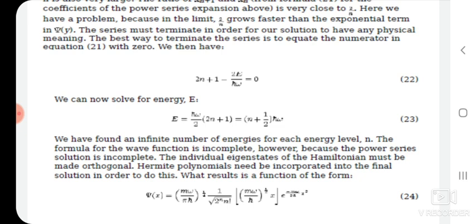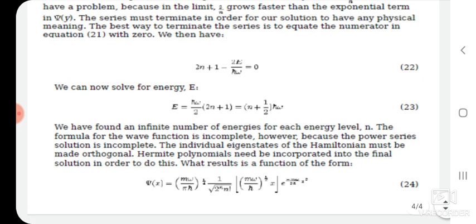Therefore, the final psi of x is equal to m omega by pi h cross raised to 1 half into 1 by square root of 2 to the power n factorial, in brackets m omega by h cross raised to 1 half x, into e to the power of minus m omega by 2 h cross x square. If we see this energy equation, E is equal to n plus 1 by 2 h cross omega.